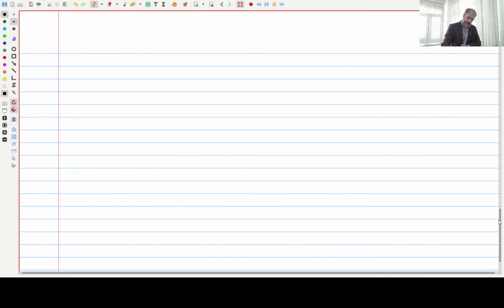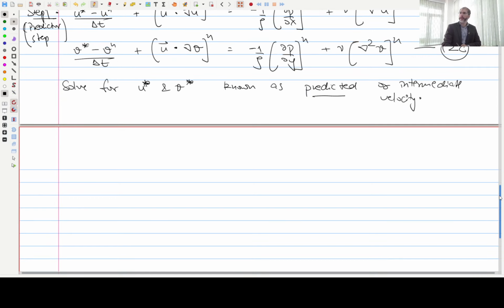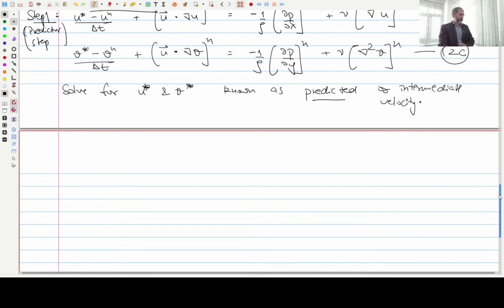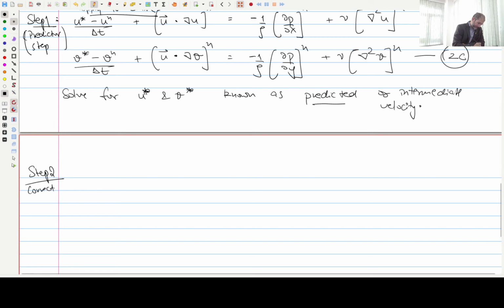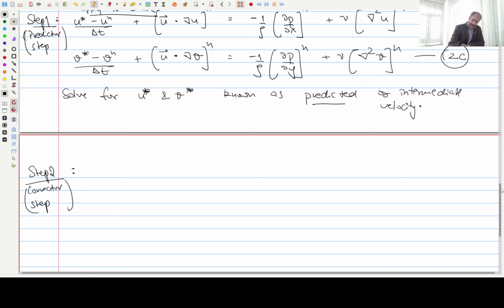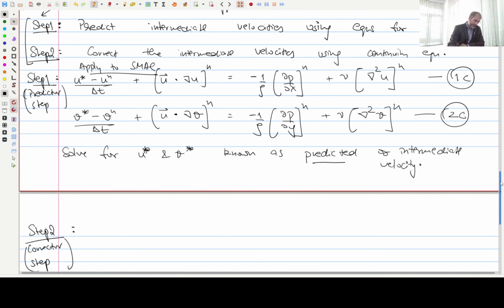So that was step number 1. Step number 1 done. This is called the predictor step. The corrector step says that now we have to correct the intermediate velocities, or the predicted velocities, using the continuity equation.